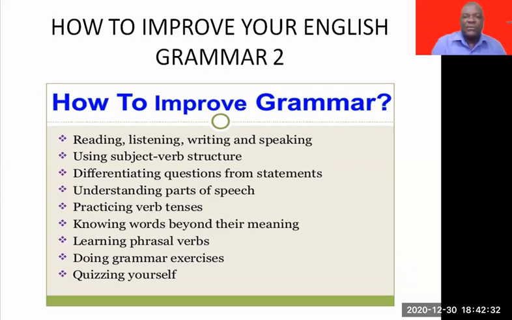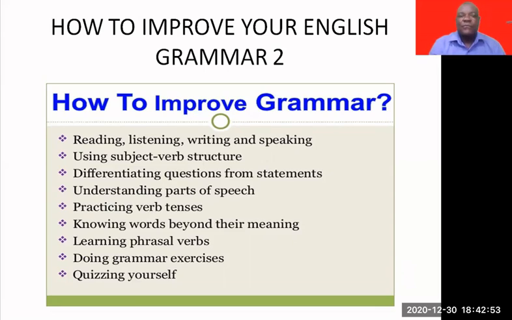Then at a point, you began to mimic the sounds you had always heard over time, and that is called the babbling stage. From the babbling stage, you now learned how to articulate your sounds and you began to speak meaningful words, all right?